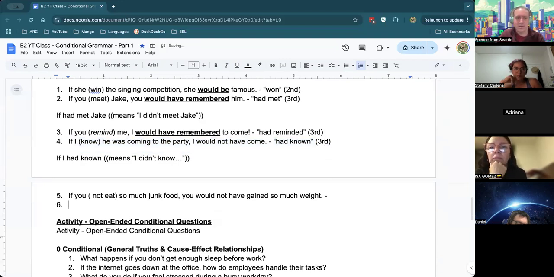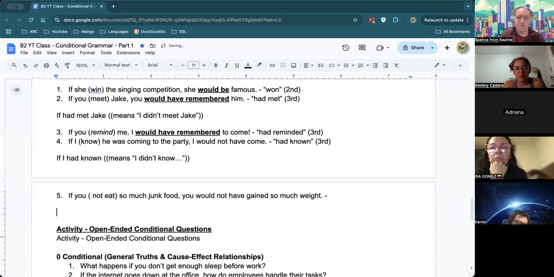Stephanie, number 5. If you not eat so much junk food, you wouldn't have gained so much weight. Okay, that's third conditional. Third conditional, very good. If you hadn't eaten so much junk food, you wouldn't have gained so much weight.